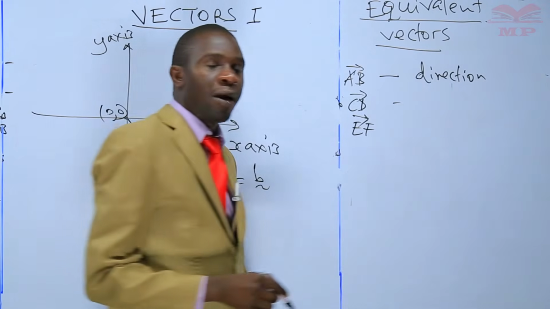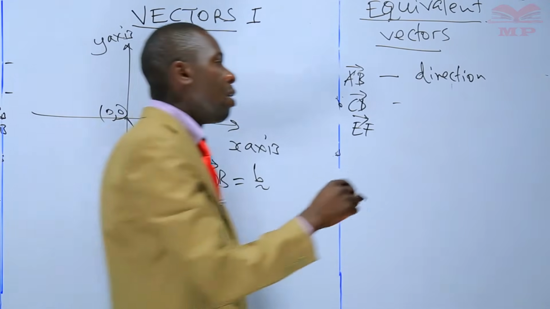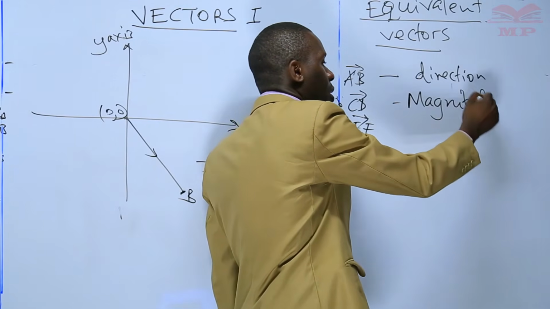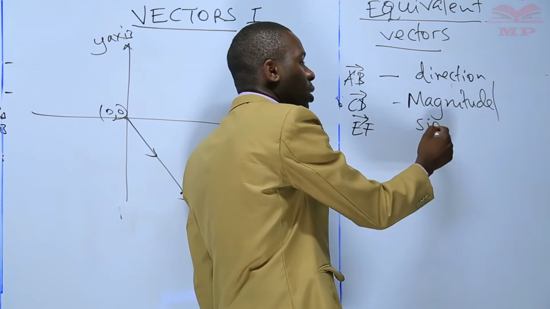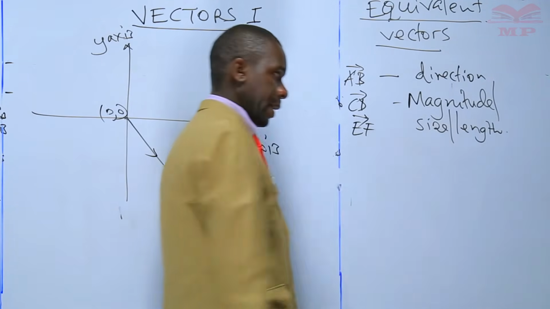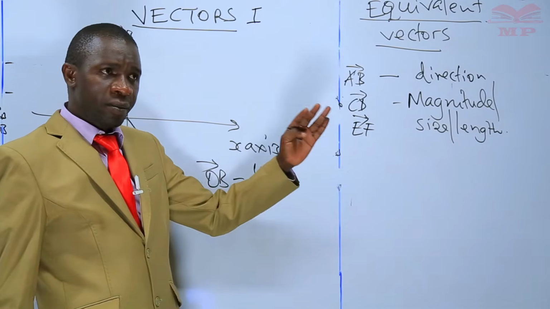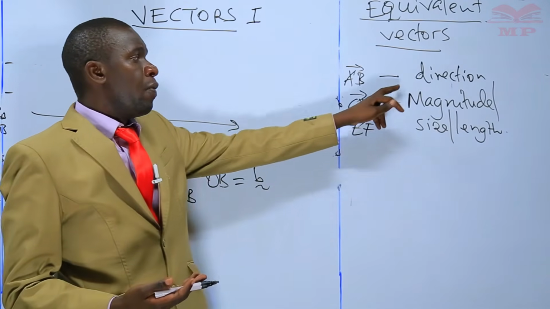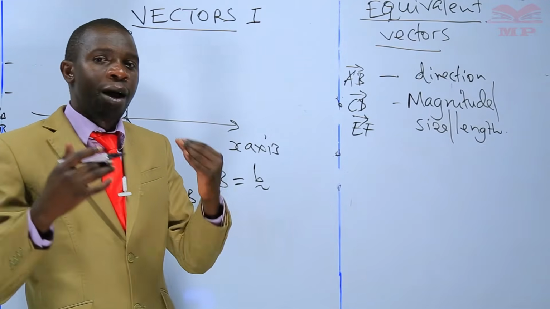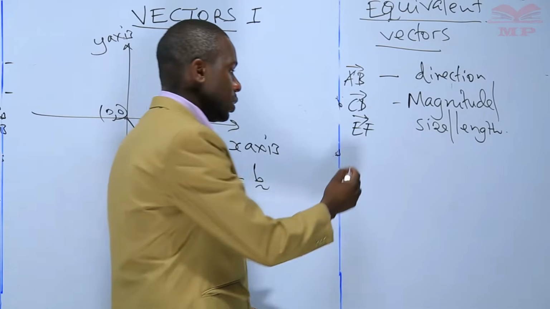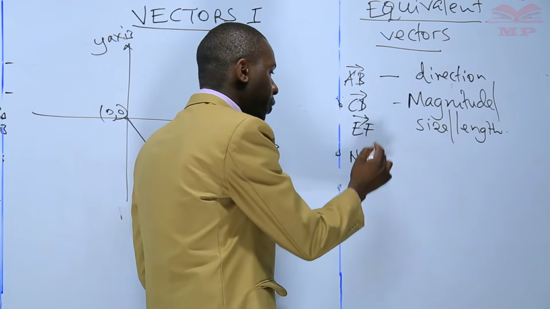And a vector must also have a second thing, magnitude, or what we sometimes call size, or what we also call length. Now, two vectors are said to be equivalent if they are moving in the same direction and they have equivalent magnitude. So let me just note that for you.